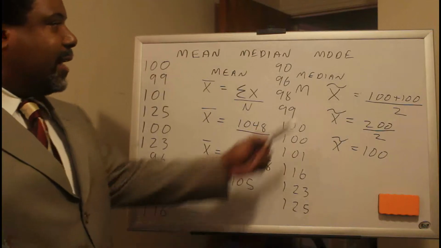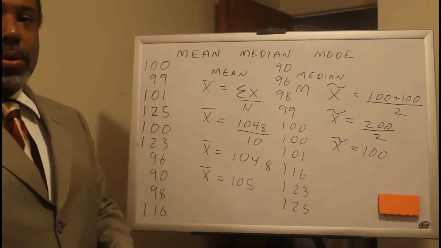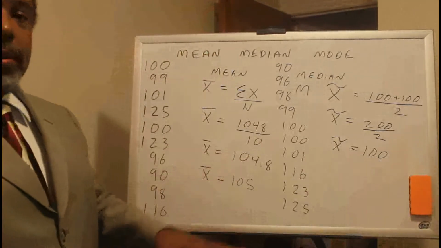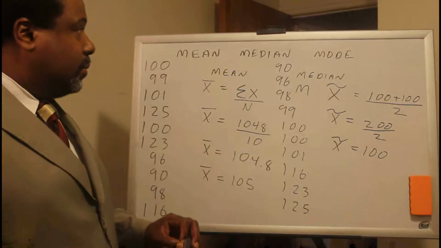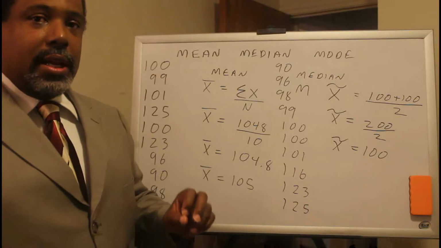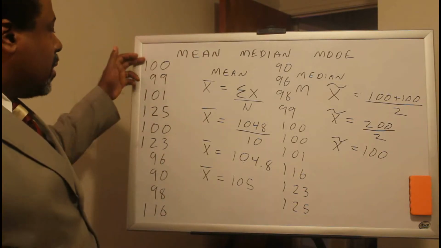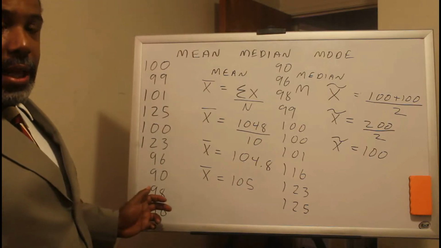Okay? And finally, dealing with the mode. Didn't leave myself much room. But let me tell you what the definition of mode is. Mode is the most frequently occurring member of your original data set.